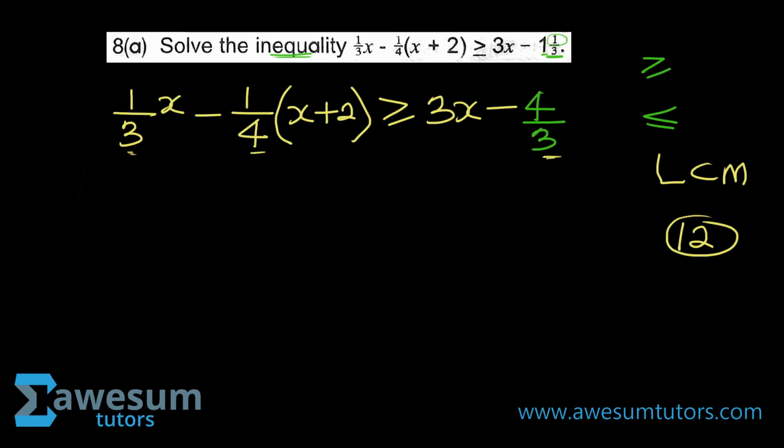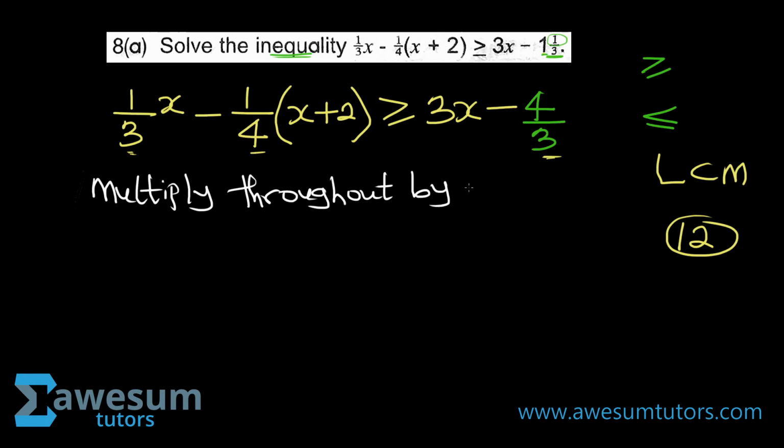So to make life easier, what we are going to do right now is multiply throughout by 12. Multiply throughout by 12.